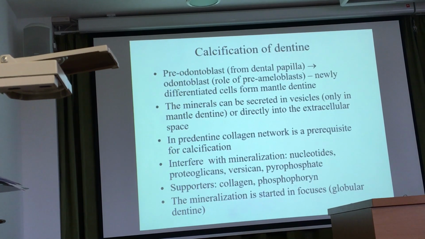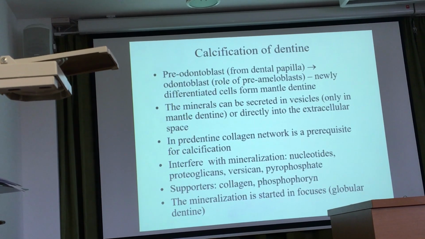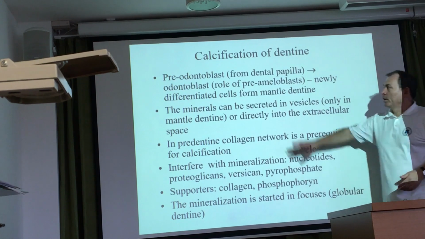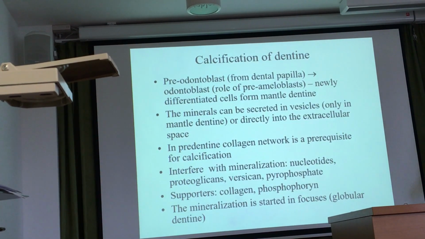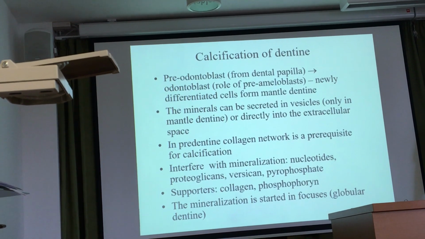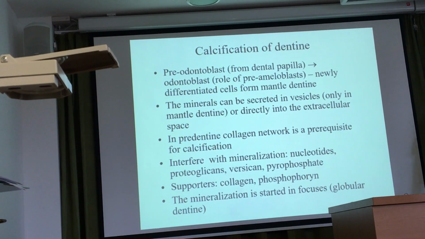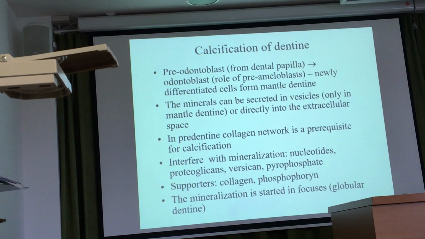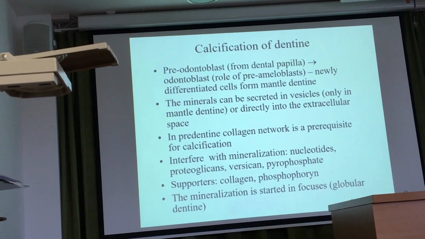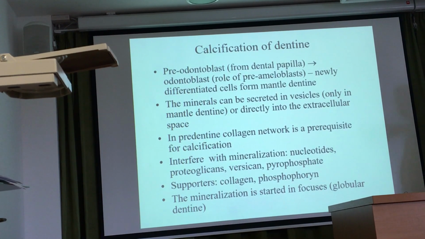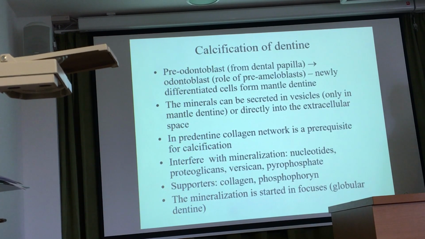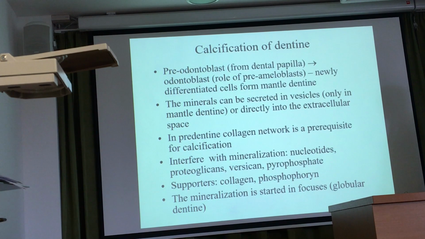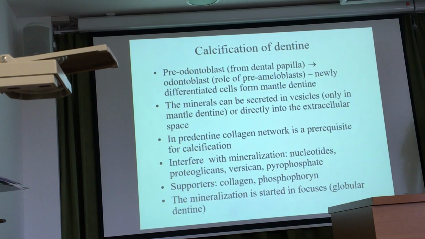And the mineralization of the dentin is very important. I mentioned to you the odontoblastic layers from the dental papilla. The dental papilla in the late bell stage, developmental stage, is depressing the enamel organ. The enamel organ is depressed, and the inner layer of the enamel organ is formed by the ameloblasts.